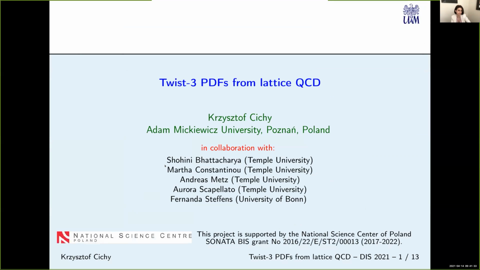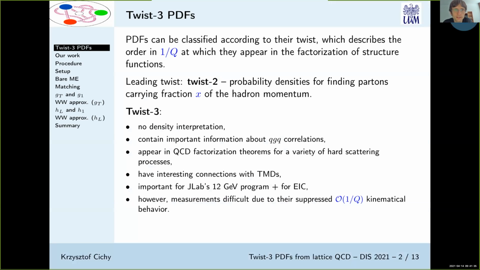Okay, so I will not say much about the motivation for studying Twist-3 PDFs. It's clear from Shohini's talk. Let me just emphasize that even though they are kinematically suppressed, they contain a wealth of important information for the complete picture of the nucleon.